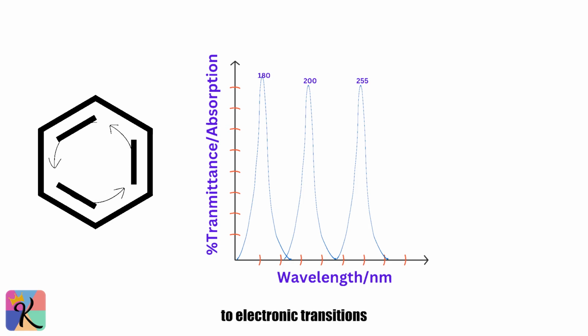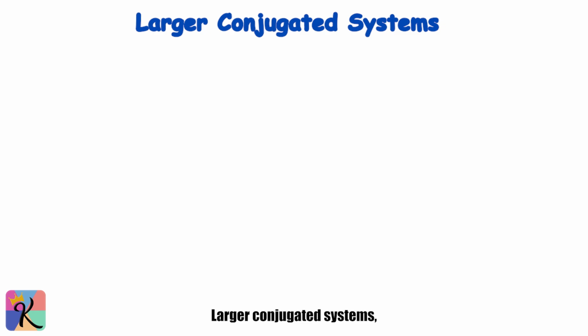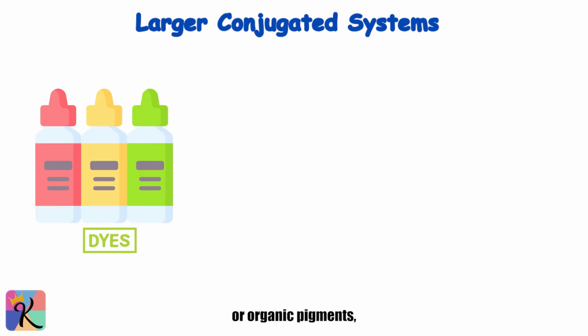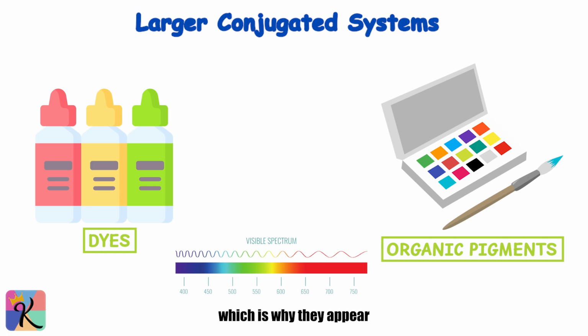These peaks correspond to electronic transitions between different energy levels in the molecule. The extended conjugation allows benzene to absorb at these specific wavelengths, which are in the ultraviolet range. Larger conjugated systems, like those found in certain dyes or organic pigments, can even absorb visible light, which is why they appear colored to the human eye. This principle is why UV-Vis spectroscopy is sometimes referred to as UV-visible spectroscopy.